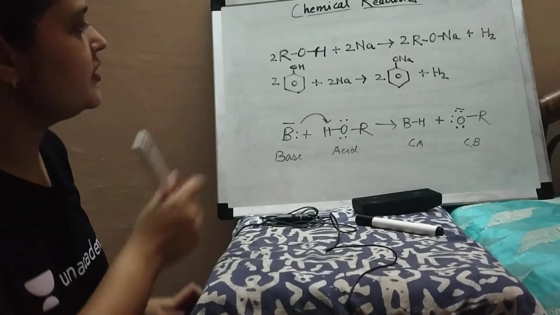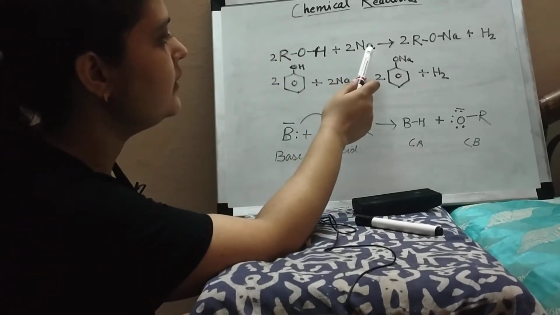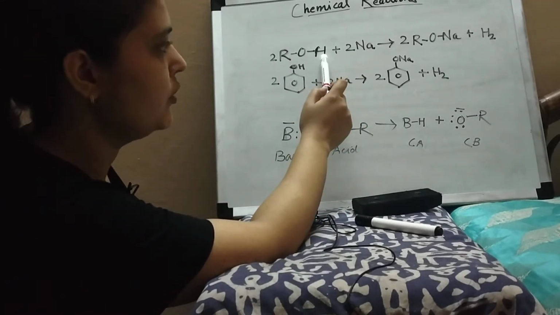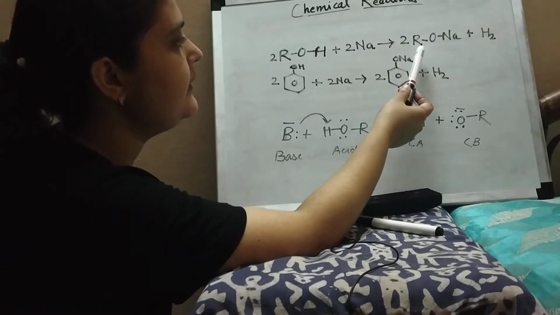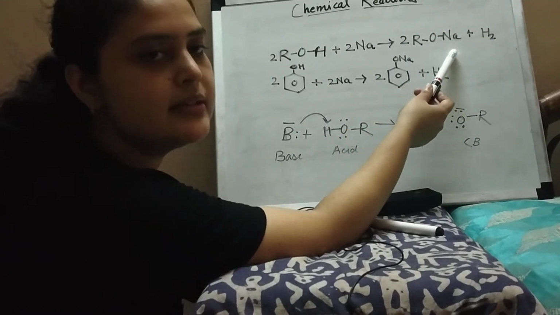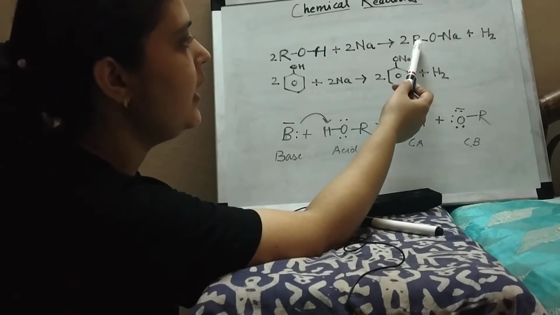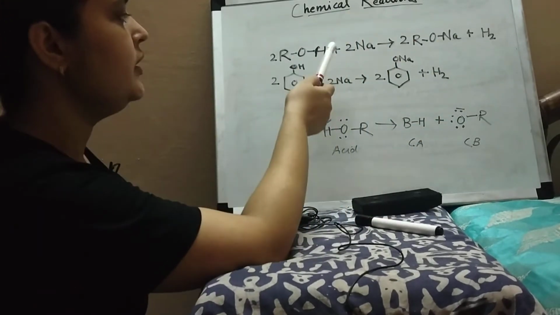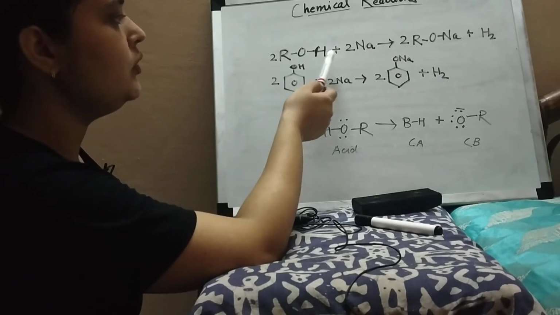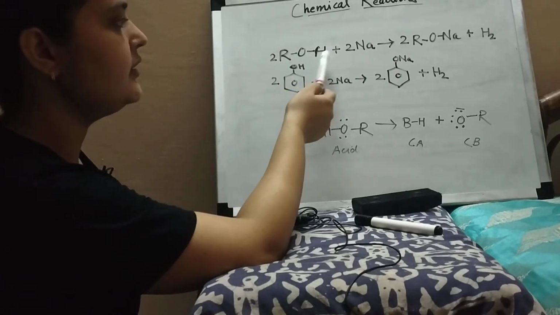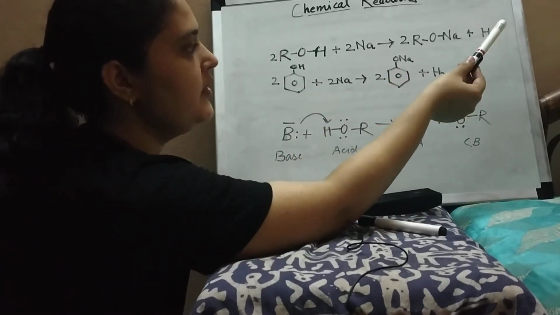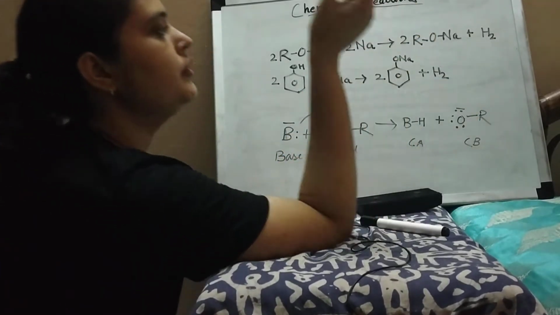The first reaction is with alcohol and sodium metal. The OH bond is broken down and we get sodium alkoxide, RONa. The oxygen-hydrogen bond is broken, and instead of the hydrogen atom, sodium gets attached to the oxygen atom, leaving behind a hydrogen molecule.